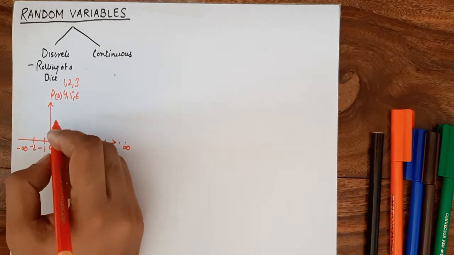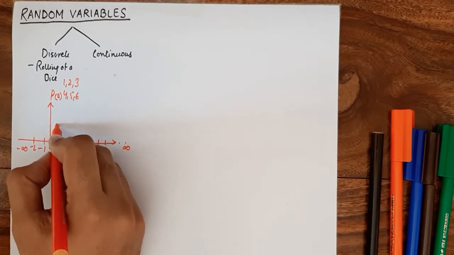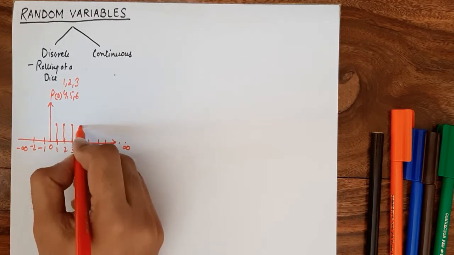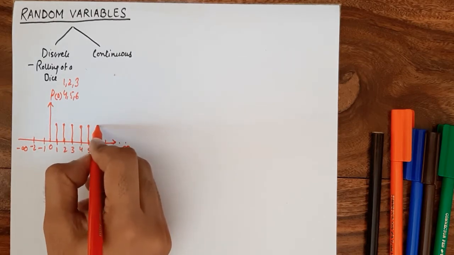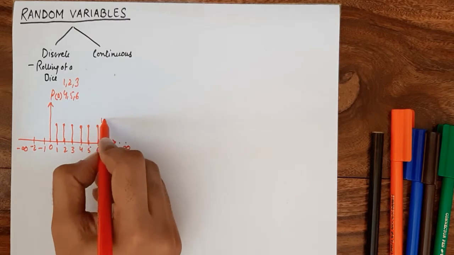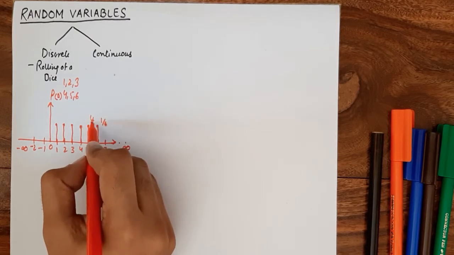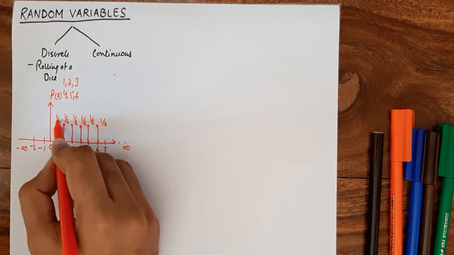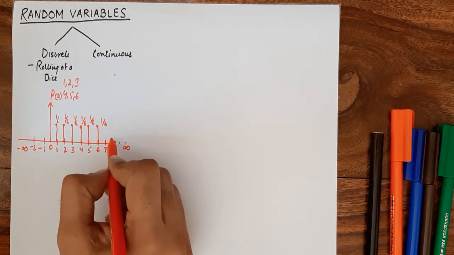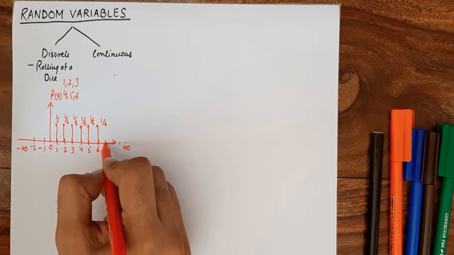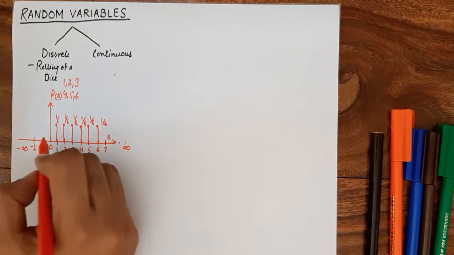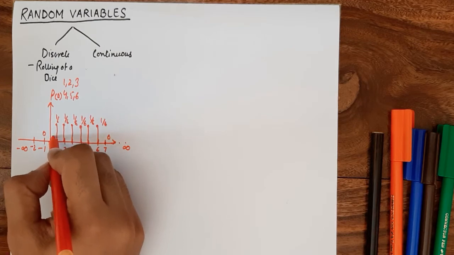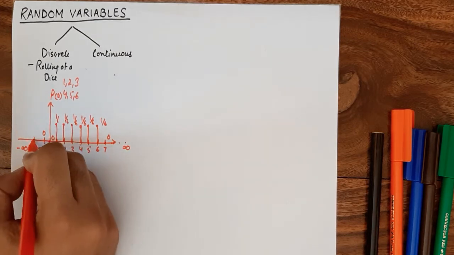But the fact of the matter is only these values 1, 2, 3, 4, 5 and 6 will have the probability of occurrence equivalent to 1 by 6, and every other discrete value will have a probability of occurrence equivalent to 0. So minus 1 has the probability of occurrence as 0, 0 has the probability of occurrence as 0 and so on.